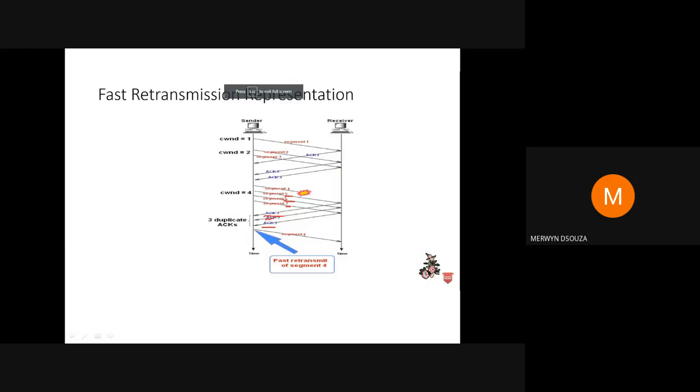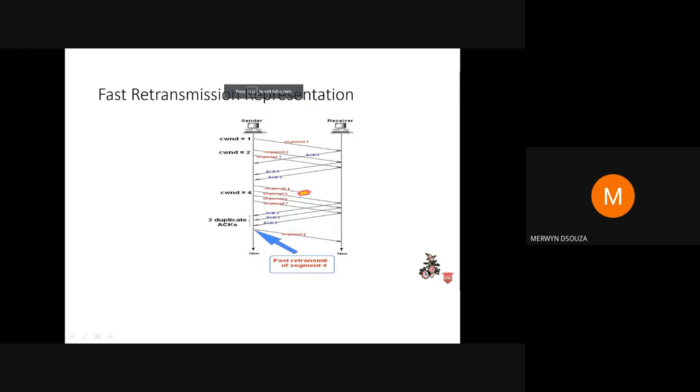So we end up retransmitting only the lost segment, thereby helping with our bandwidth. So ideally, in fast retransmit, you only retransmit the lost segment, and you do not retransmit the other segments that have been sent across successfully.